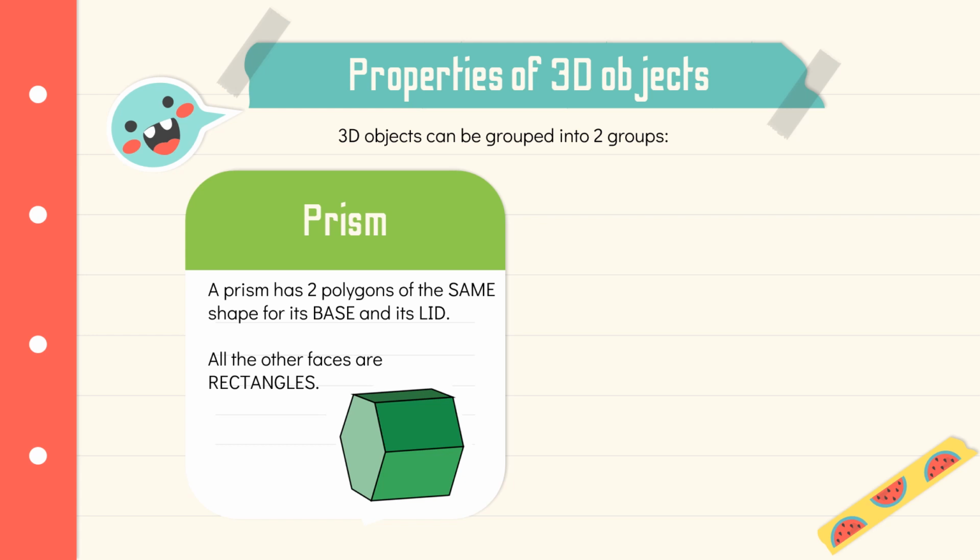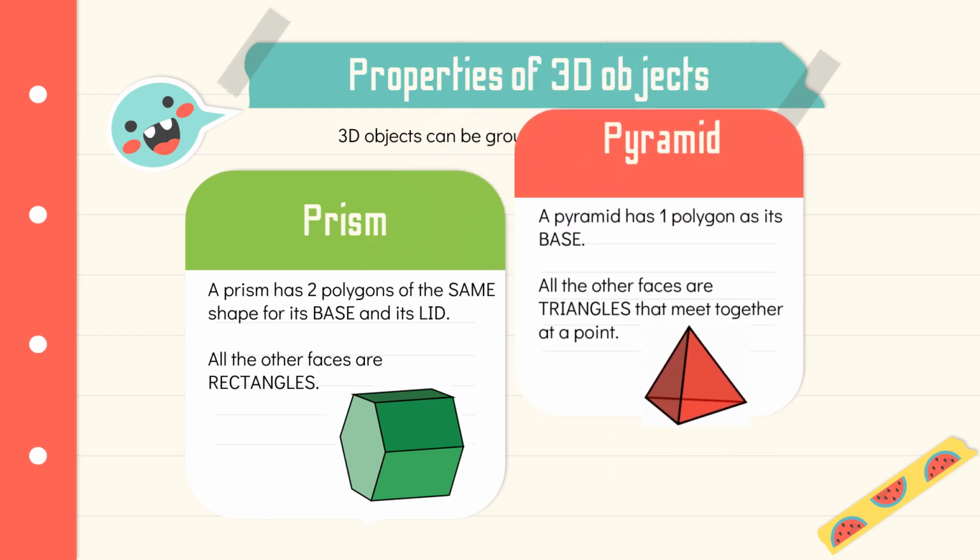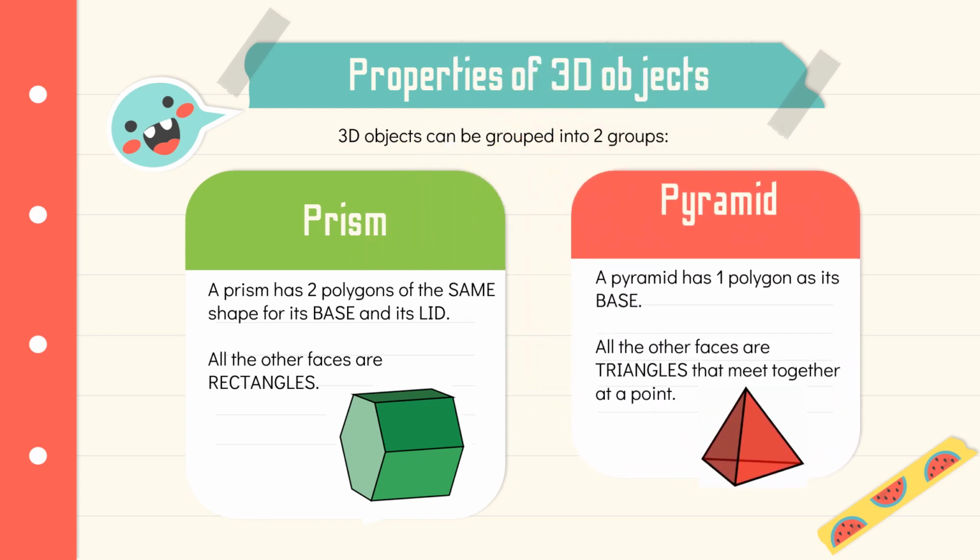Okay, the next group that we have is called a pyramid. A pyramid has 1 polygon as its base, so one flat, closed, straight-sided shape at the bottom. That is exactly what the pyramid stands on, otherwise it will be very lopsided.